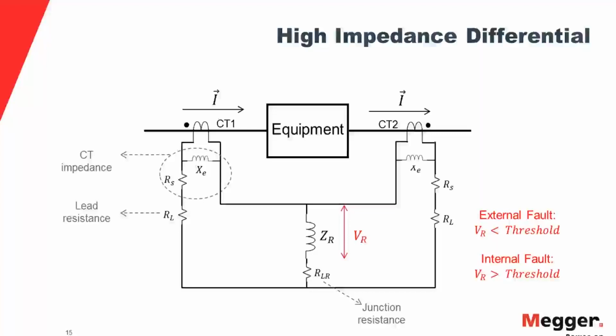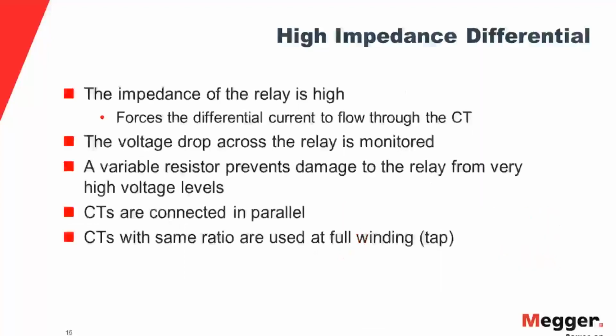So if I take the impedance of the relay along with the junction resistance, and compare that with the CT impedance and the lead resistance, the CT and the lead resistance will be really low. So all the fault currents flow through the CT instead of flowing through the relay.